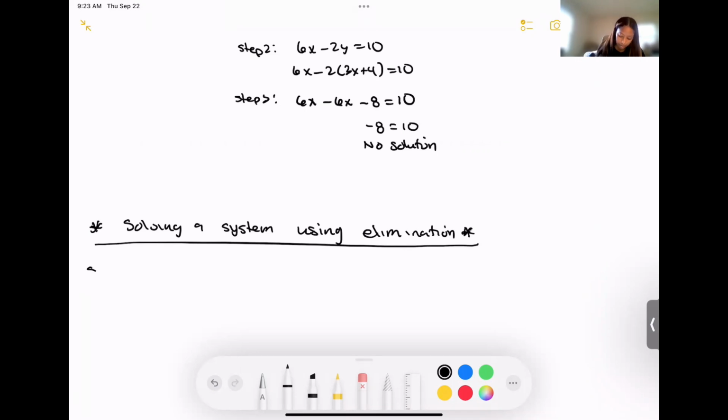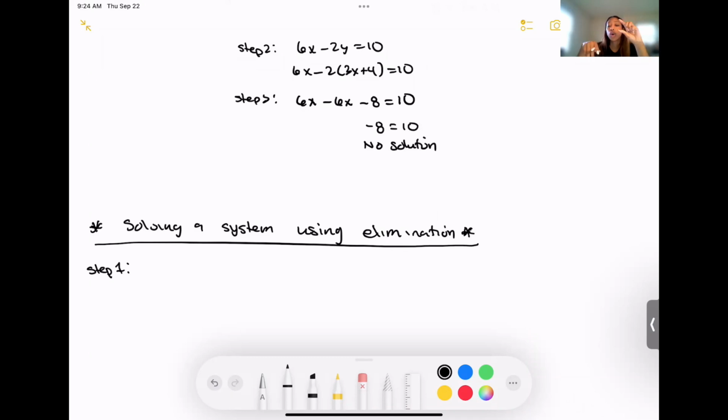All right, step 1. The idea behind the elimination method is we're going to take our two lines and line them up so that the x's are lined up together, the y's are lined up together, and the constants are lined up together. And then we want to add the two lines together, but in such a way that one of the variables cancels out. We are allowed to multiply one of our equations by a constant if we need to.